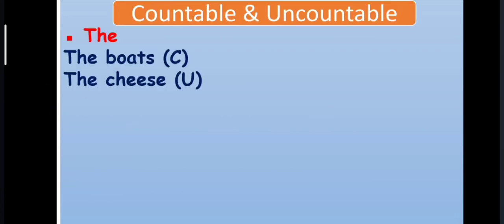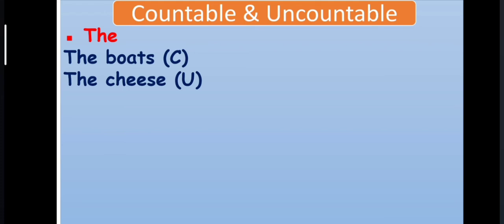So with countable and uncountable nouns, we've got some tools that we can use with both of them. For example, we have the. So the here, we use it to identify a particular countable or an uncountable noun. We can use it with the singular form or the plural form of countable nouns or the uncountable nouns.